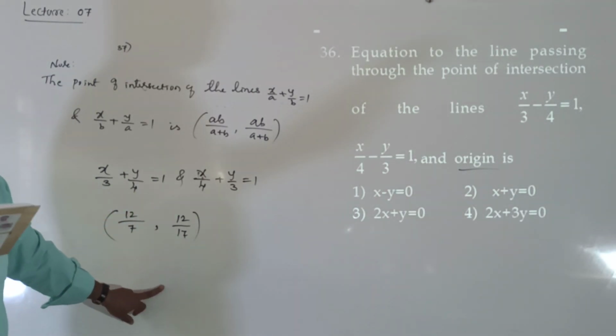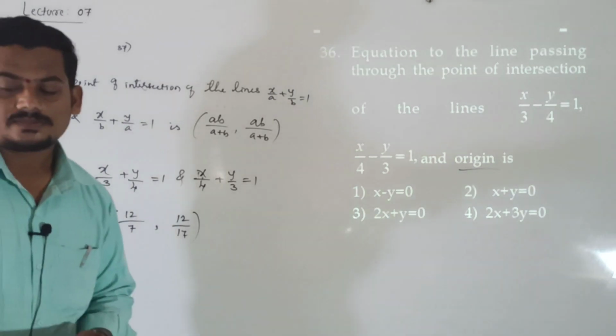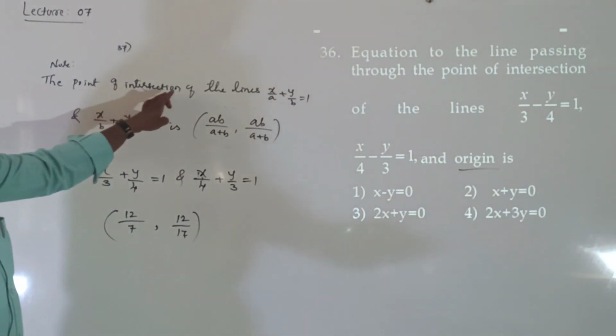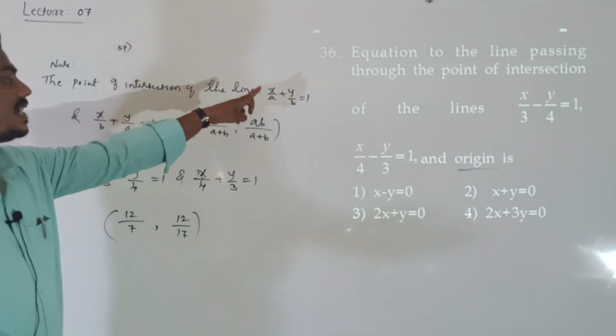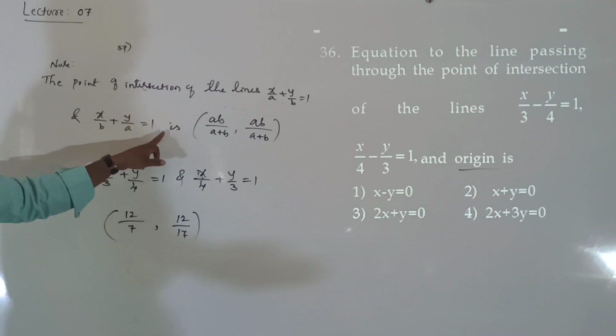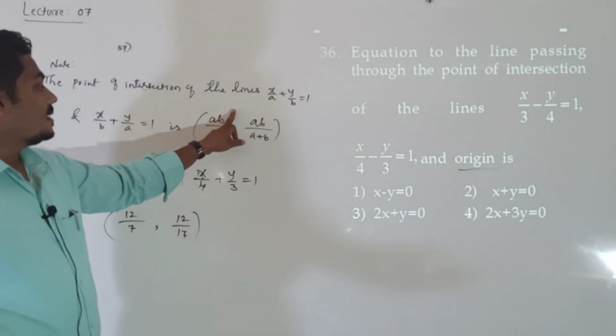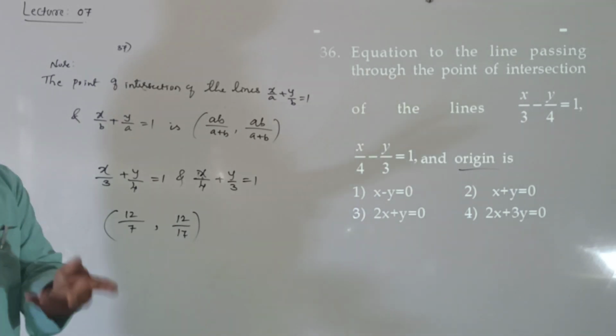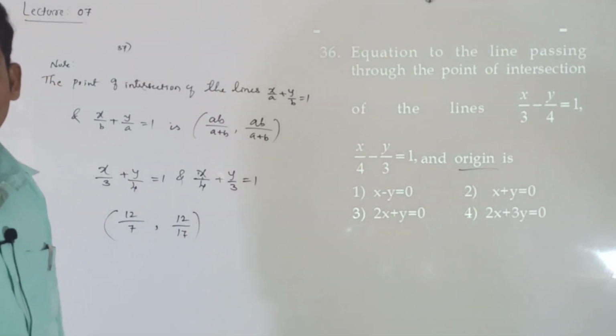Answer 12 by 7 comma 12 by 7. That is third option. It is one of the shortcut formulas. The point of intersection of the lines x by a plus y by b equal to 1 and x by b plus y by a equal to 1 is ab by a plus b comma ab by a plus b. Both the coordinates are equal. Next problem.